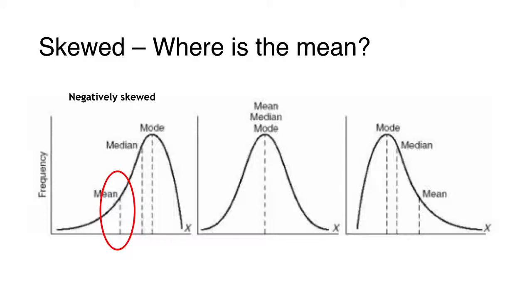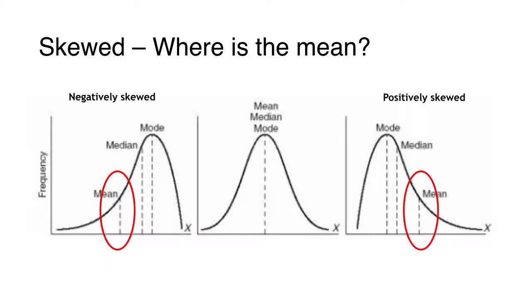And this is confusing for people because your eye tends to go to the highest point on the chart. But skewed means, where's your mean? Something is wrong if it's negatively skewed. And negatively means lower. The mean or the tail is way down in the tail, and that means it's negatively skewed.